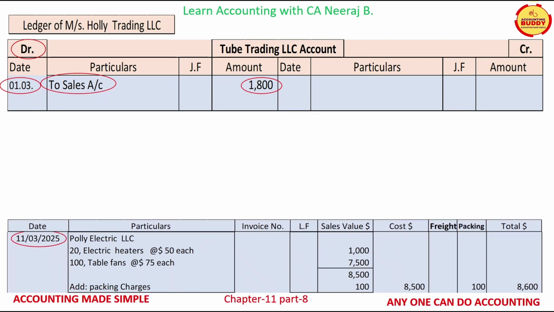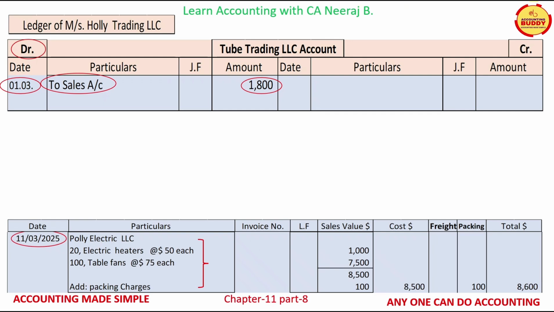On 11th March 25, Holy Trading LLC sold electric heaters and table fans to Poly Electric LLC on credit for $8,500. An additional amount of $100 is also charged on account of packing charges. Therefore, a total amount of $8,600 is receivable from the customer.